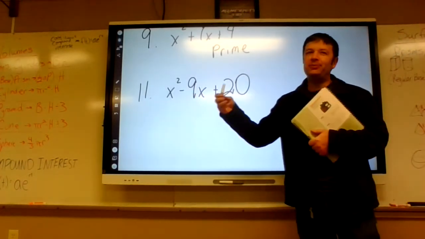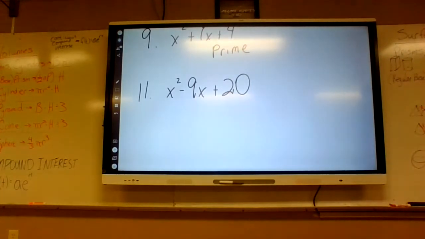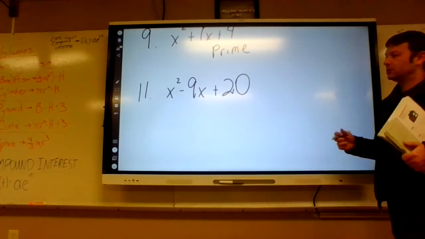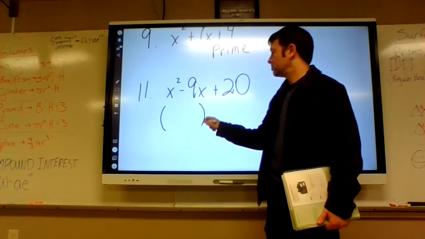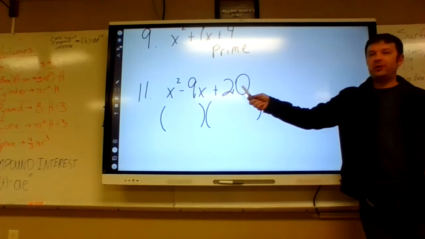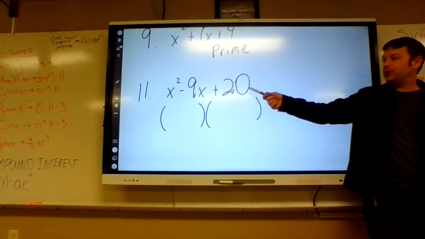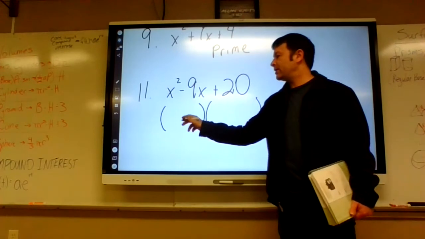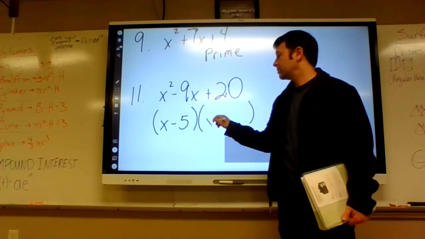But it has to add up to negative 9. 5 and 4 add up to positive 9, so how do I make it add up to negative 9? Make them both negative. Factors of 20, you could use positive 5 and positive 4, but you could also use negative 5 and negative 4. That also multiplies to 20, and the two negatives add up to negative 9, so it's minus 5 minus 4.